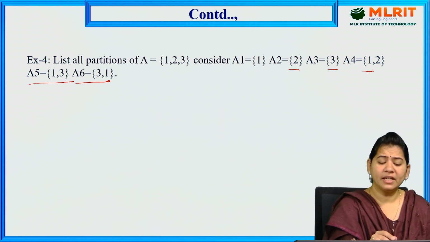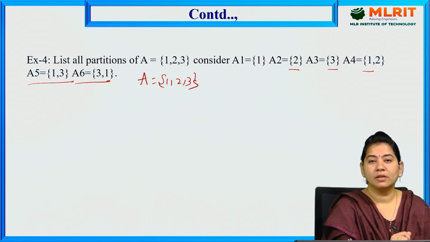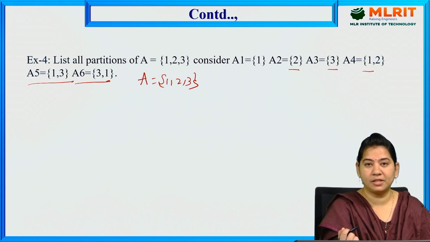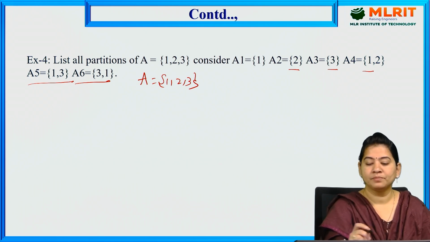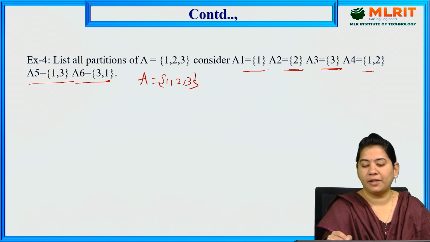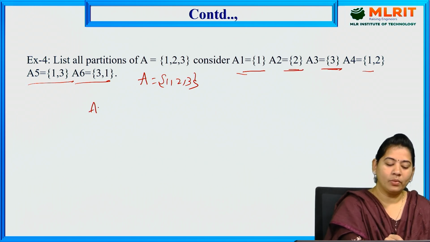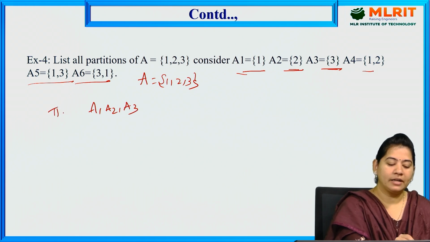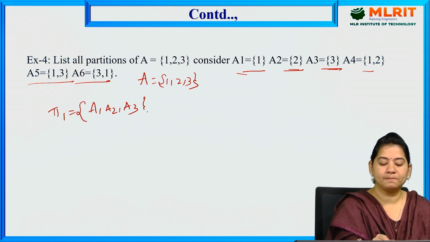Now, for the given set 1, 2, 3, we need to find out how many partitions are possible as we have many subsets here. Let us check. With A1, A2, A3, I can find that it is one partition set.